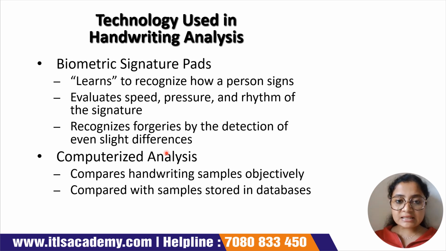Whether there is any difference in the speed, the pressure, the style, the rhythm, any minute difference will get caught. And the second technique that can be used is computerized analysis, where handwriting samples are objectively compared with samples which are stored in databases. Obviously the database is something very important, and I have already talked about the importance of databases in forensic techniques.